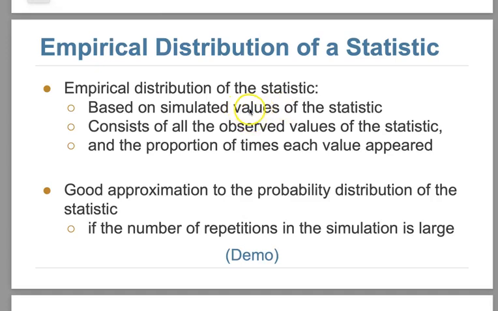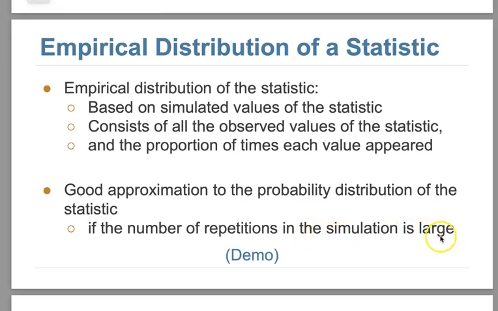So all the simulation results are our observed values. We contain all the observed values for that result, and the proportion of time each value appears, we will make a diagram to see that. After you make the diagram, you will see it is a good approximation to the probability distribution of the statistic, if the number of repetitions in the simulation is large.